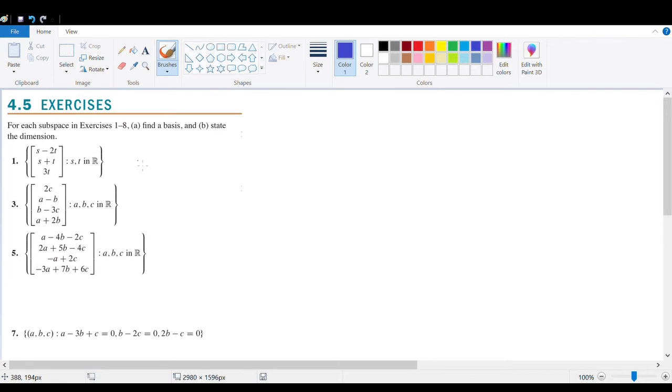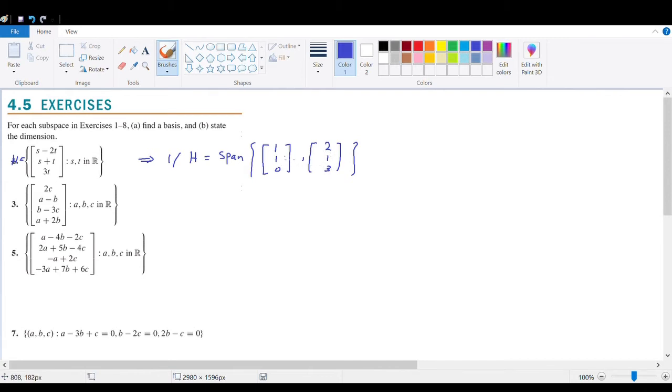Here, if we say this one is H, then H can be represented as the span of, since here we have two variables, the coefficients of S and then the coefficients of T. The coefficient of S is 1, 1, 0 and the coefficient of T is 2, 1, 3. So H can be represented as the span of (1, 1, 0) and (2, 1, 3).